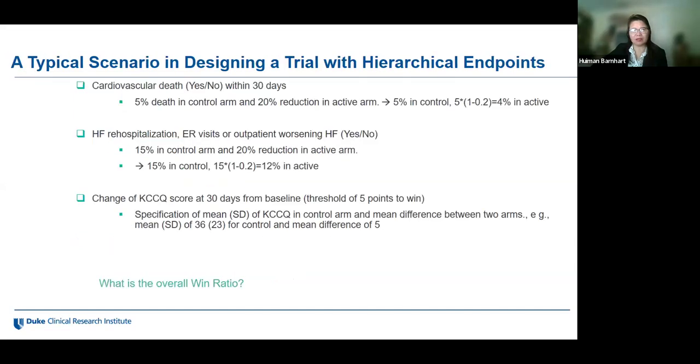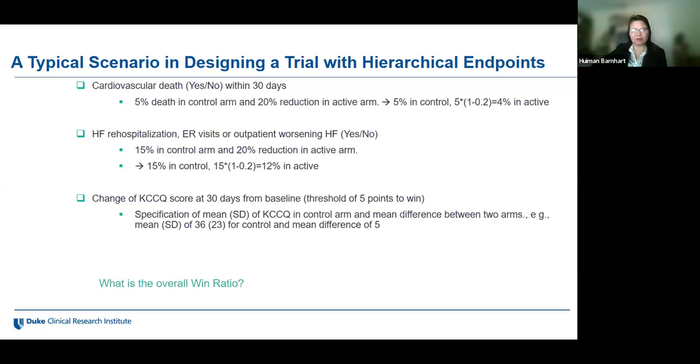The other thing is that the typical scenario is that we only have information marginally, either in the literature or preliminary studies. Say you have 3 hierarchical endpoints: time to event, hospitalizations, or change in KCCQ, that's quality of life. It's really based on those marginal data. You really don't know what the overall win ratio is.